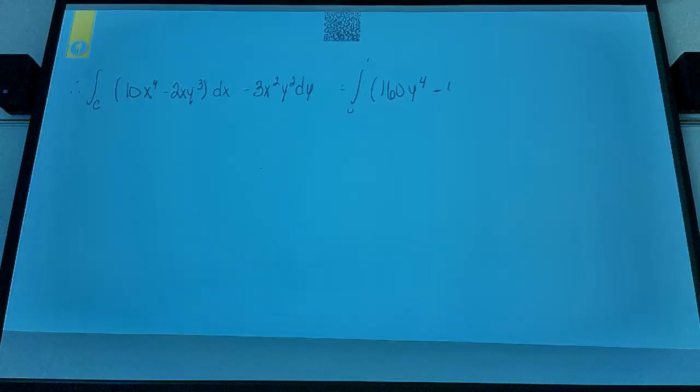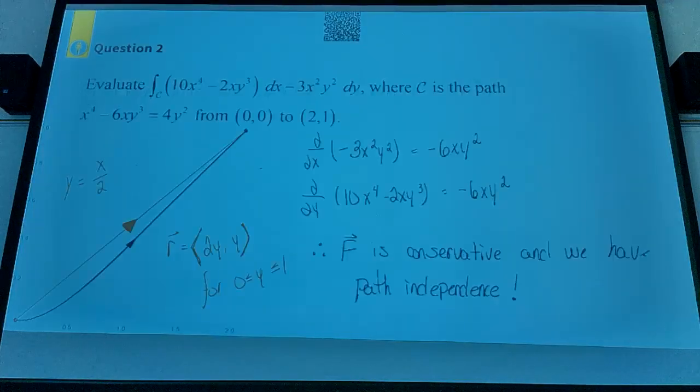But what is dx? Two dy, right? Two squared, 4 times 3 is 12.